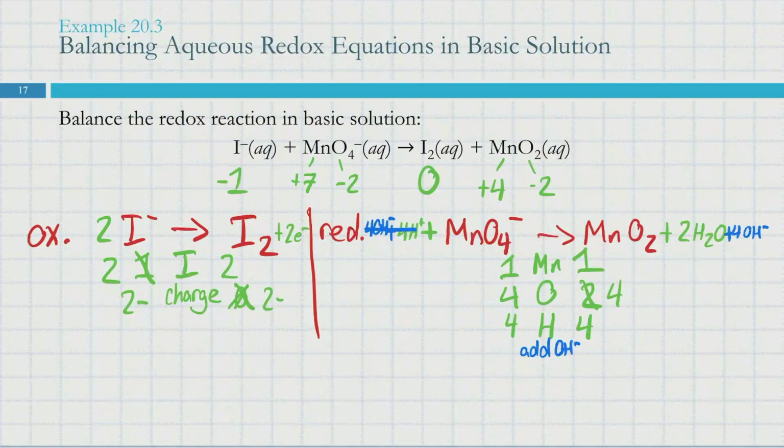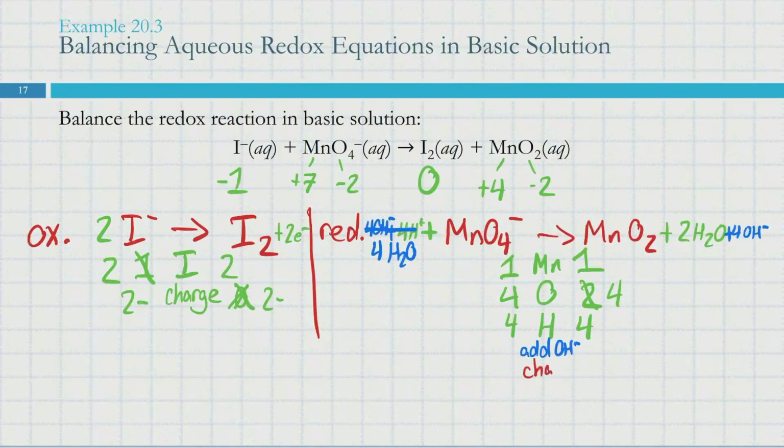And then our 4 H pluses and OH minuses turn into 4 waters on the reactant side. If you want to at this point, you could cancel out some of your waters. Let's just leave it for later.